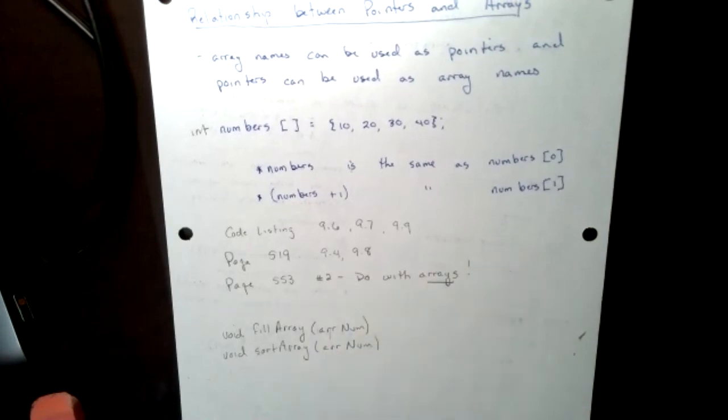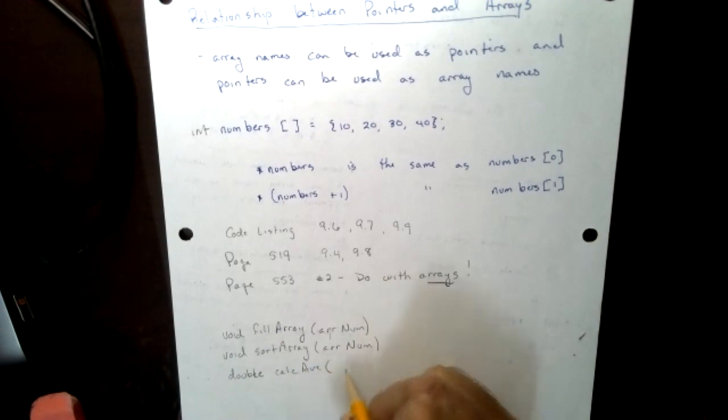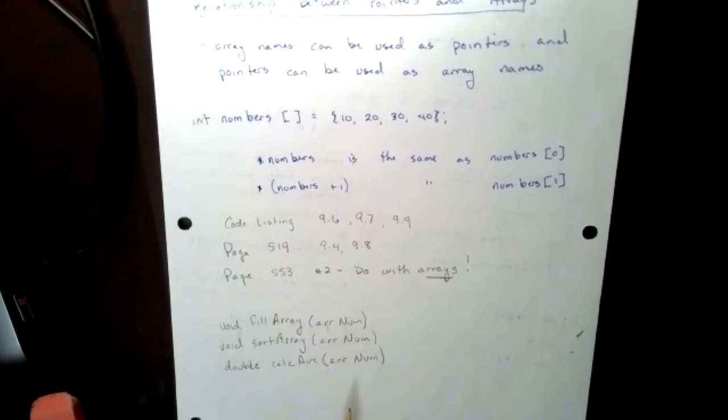Once it's sorted, I need another function to find the average. So I might do a double here, calcAv, and I may be passing in the array. If I wanted to pass in the array and make sure it doesn't change, what word could I add in here somewhere to lock it down so I don't screw it up? Constant.